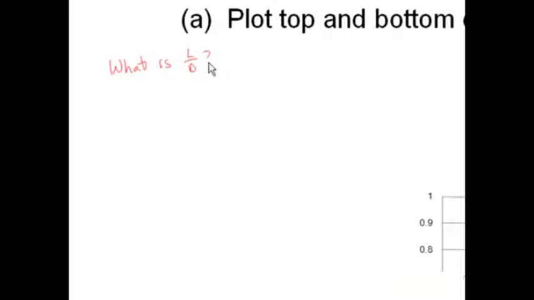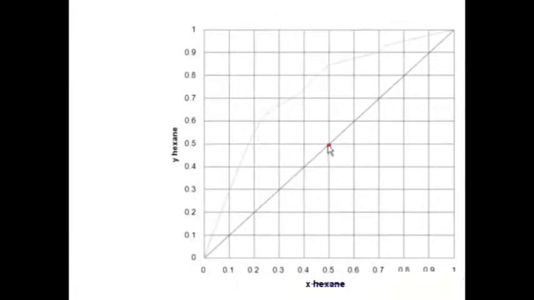We need to find it from the minimum L over D that we use with the pinch point. So first we need to figure out what kind of feed we have. Feed is a saturated liquid, so it's going to be a horizontal line at the point Z, Z. So the feed line will just look like this. So this is the feed line.